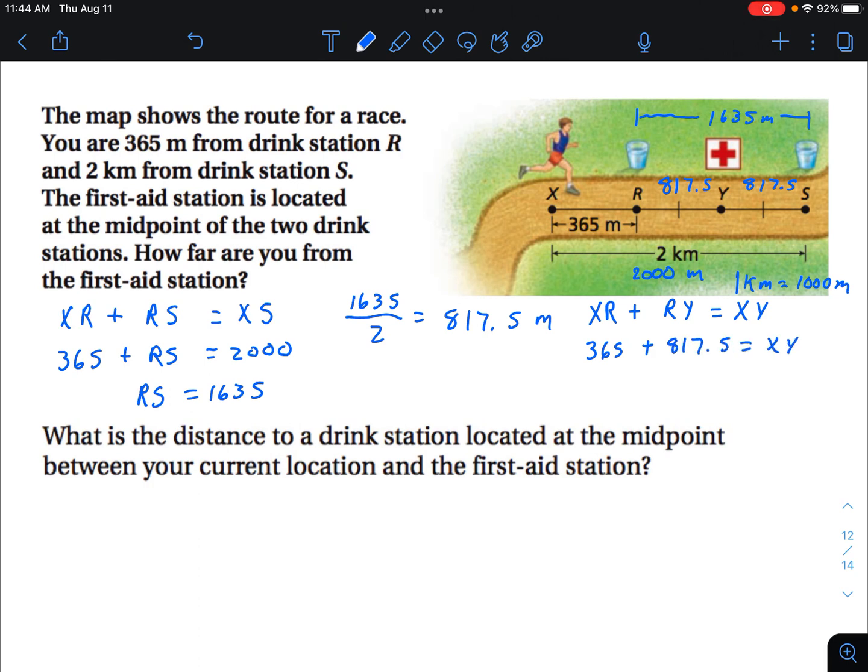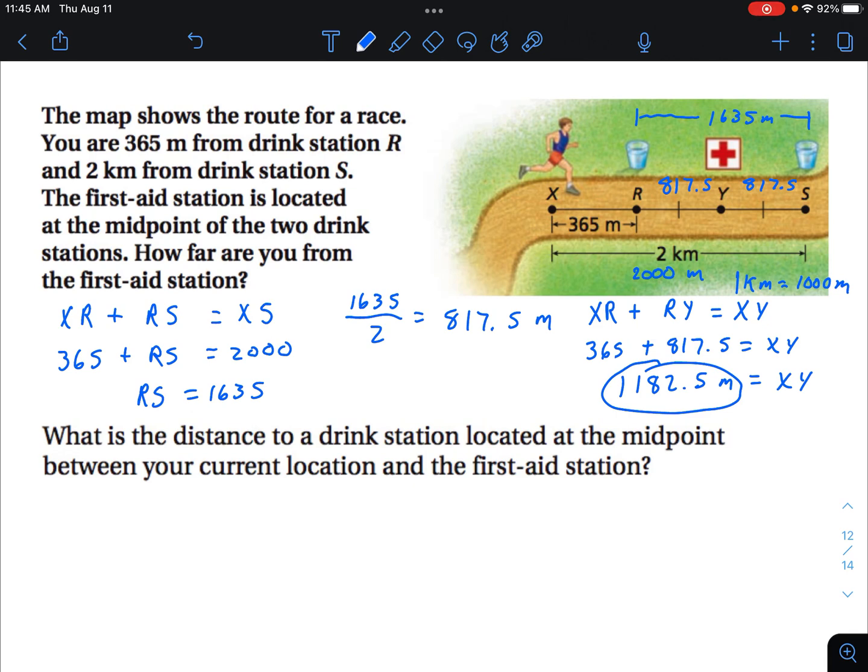And if we add those together, we can figure out what XY is, which is the distance we're looking for. 365 plus 817.5 is a total of 1,182.5 meters for XY. Just how far away we are.